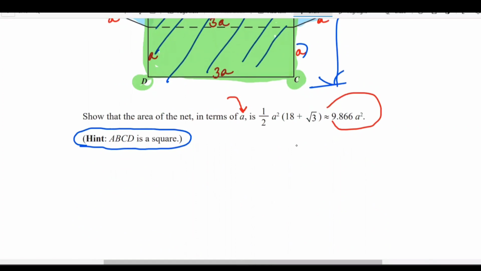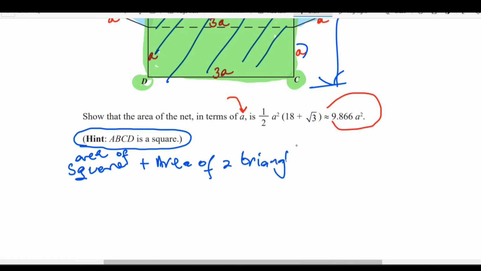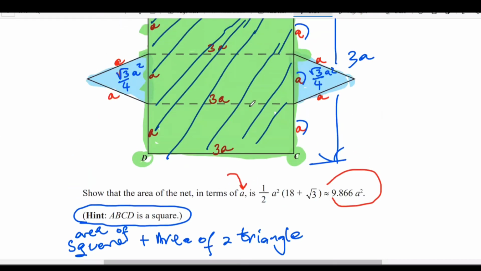Now, the square. So basically, I'm finding the area of the square plus the area of 2 triangles, and we would have found the area of all of that. The area of the square is going to be 3A times 3A, because the area of a square is one side times the other side.